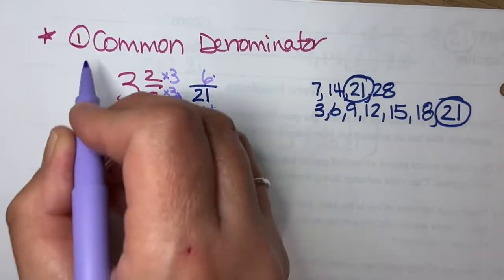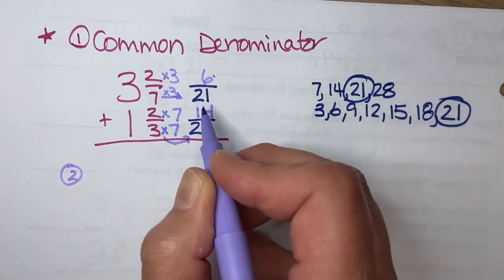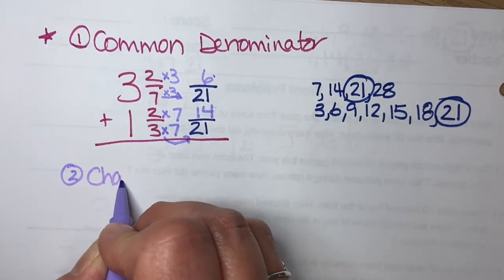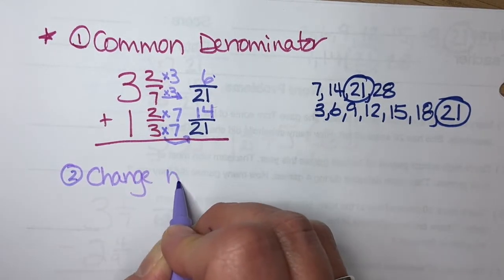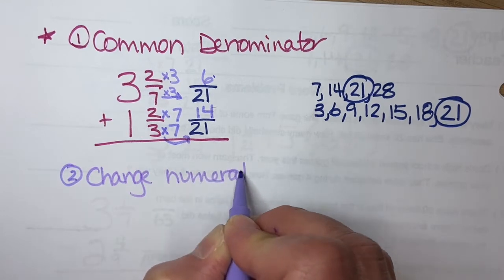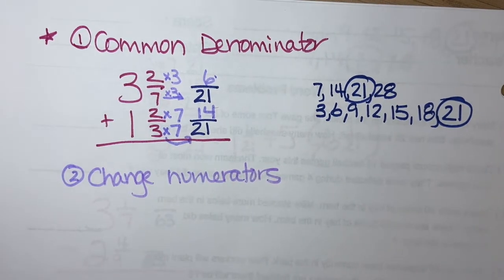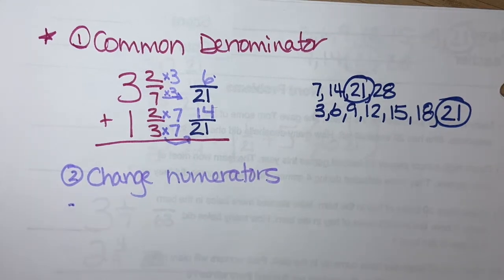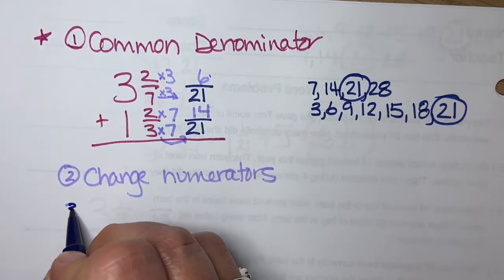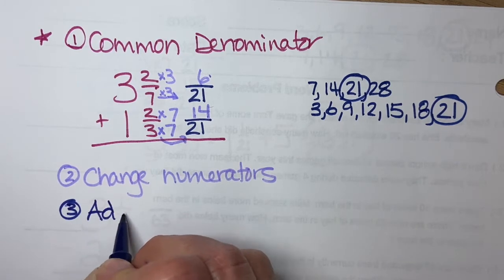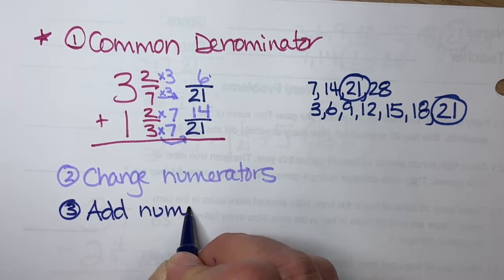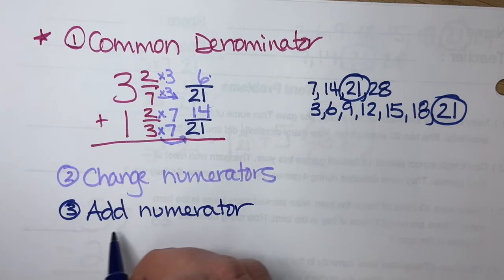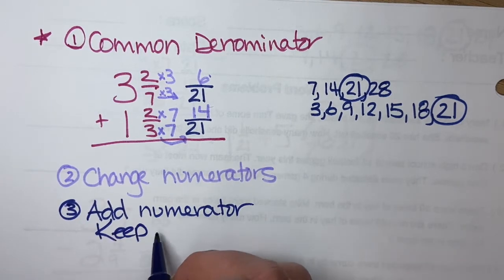So my second step was, remember, once I found the common denominator, I change the numerators to whatever I multiply the denominator by, and then I'm going to add the numerators, keep the denominator.